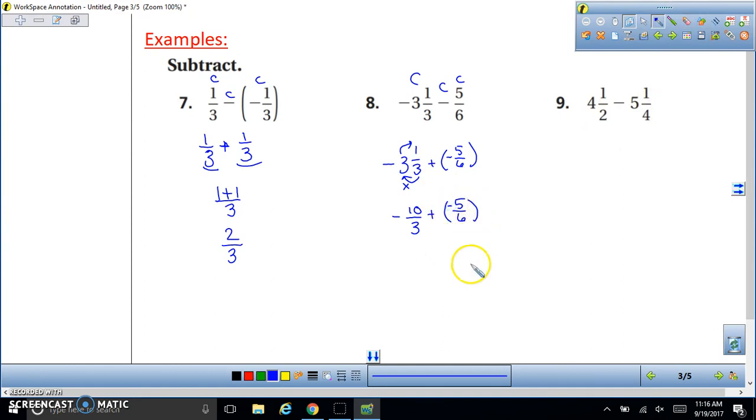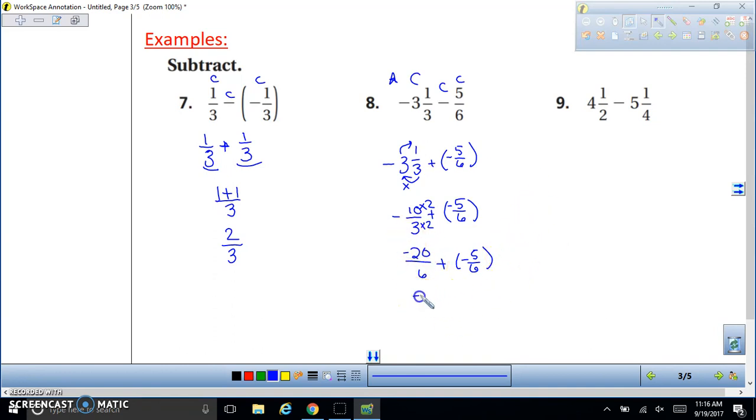All right, now we're ready to look at combining them. Before we can do any addition, we need to have the same bases, so I'm going to multiply by 2, negative 20 over 6 plus negative 5 over 6. All of these steps have stayed the same except I changed my subtraction to addition. And now we're going to get into the new part I'm teaching you. You should know how to add fractions, okay?